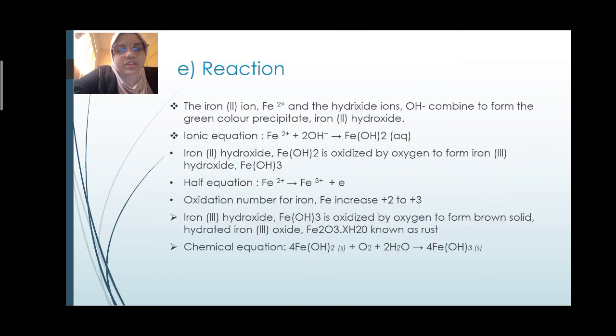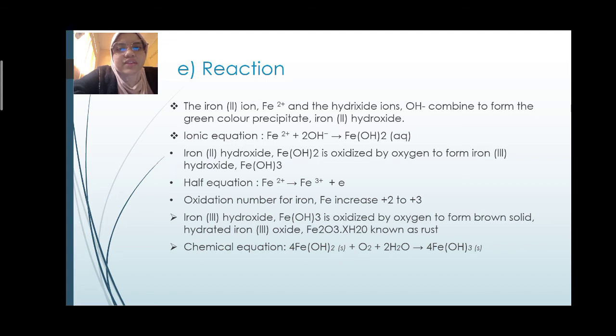So the iron(II) ion Fe2+ and the hydroxide ions OH- combine to form the green color precipitate iron(II) hydroxide. So ionic equation: Fe2+ + 2OH- forms Fe(OH)2. Iron(II) hydroxide Fe(OH)2 is oxidized by oxygen to form iron(III) hydroxide Fe(OH)3.